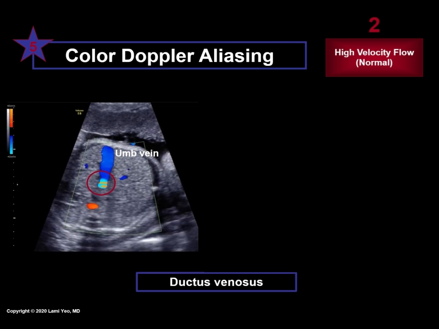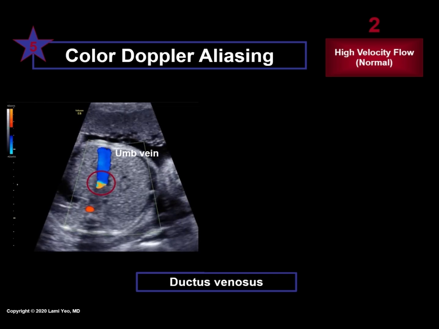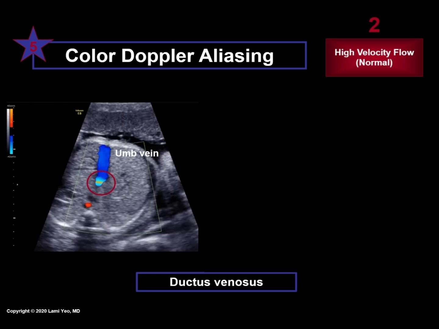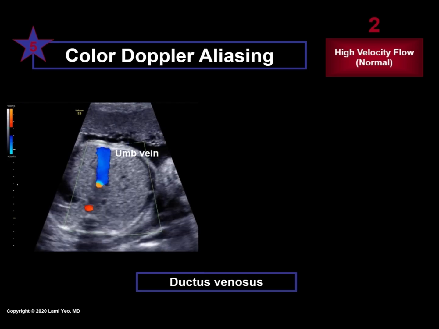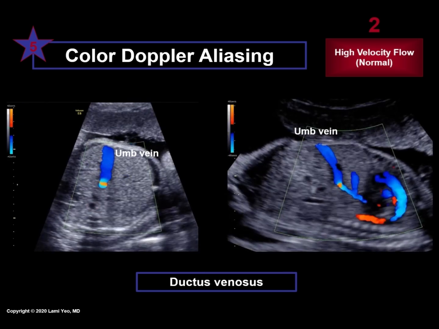The left image shows a sonographic axial plane of the upper abdomen, and aliasing of the ductus venosus is shown within the red circle. This is also evident in the parasagittal plane image.